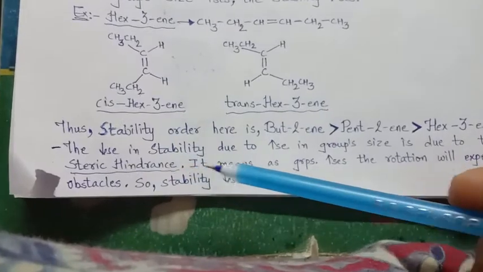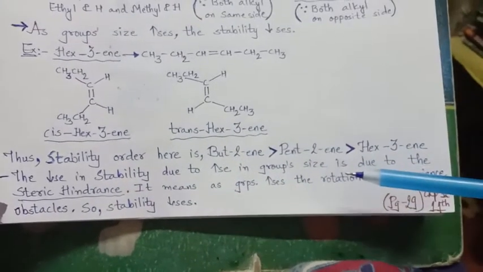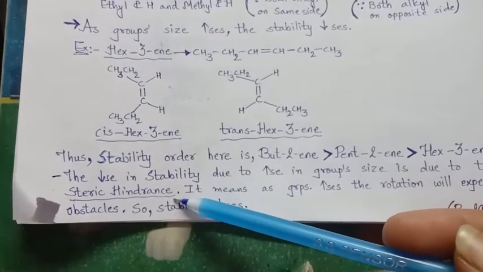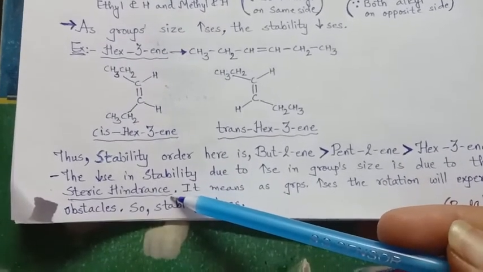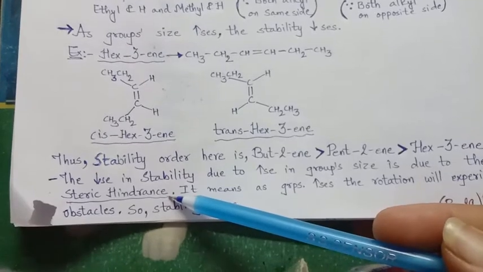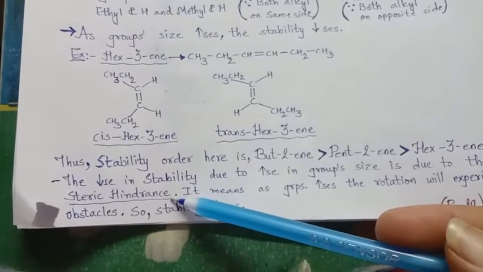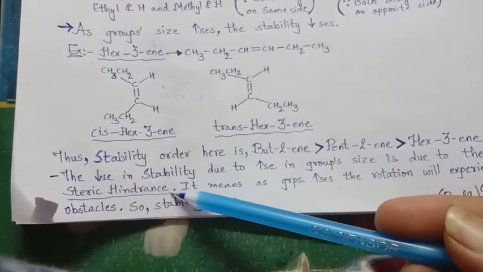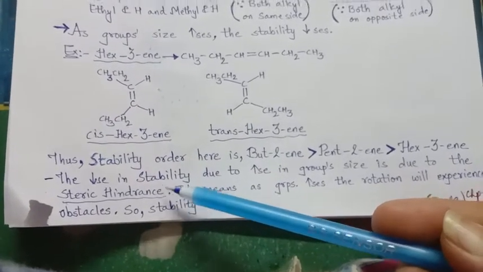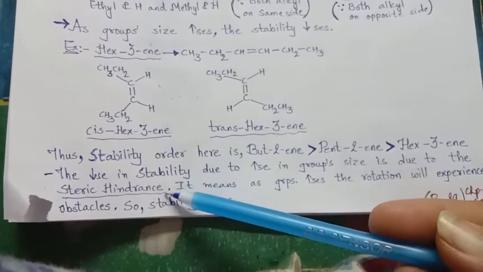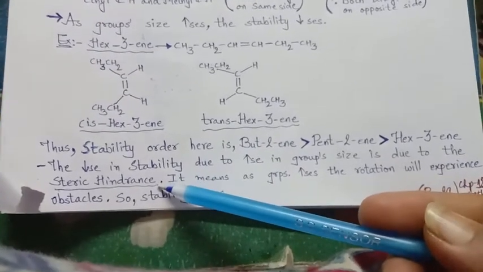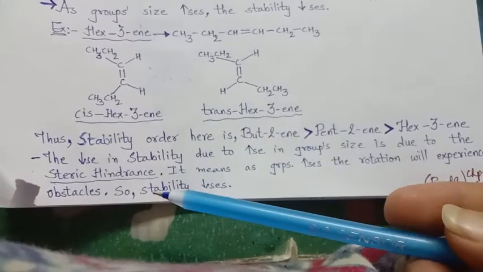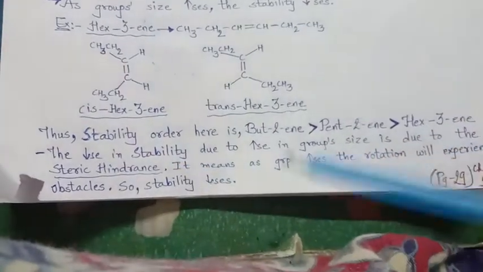The decrease in stability due to increase in group size is due to steric hindrance. What is steric hindrance? When I showed you in the video that the bonds were not able to move further or were not able to rotate further because of the obstacle of each other, because of the obstacle of the electron clouds of each other, then that obstacle is termed as steric hindrance.